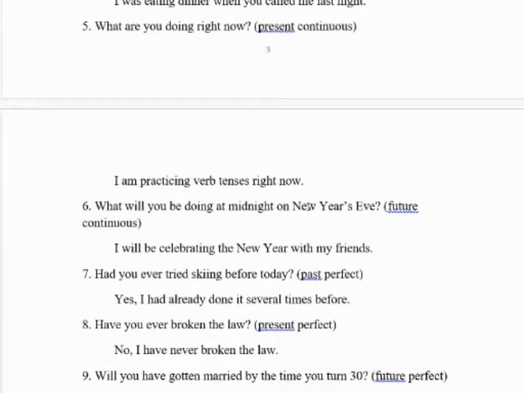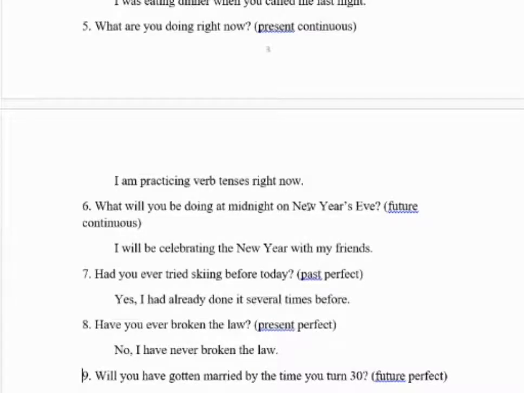The answer: she is practicing verb tenses. So you have to change the verb to be according to the subject. Or if I'm asking about him, what is he doing right now? You say he is practicing verb tenses right now.